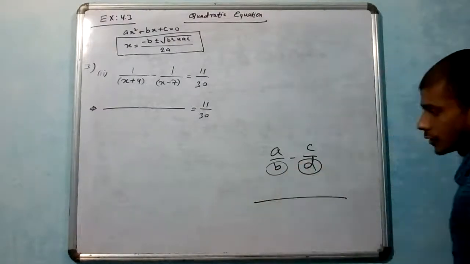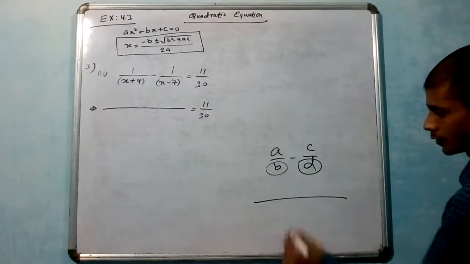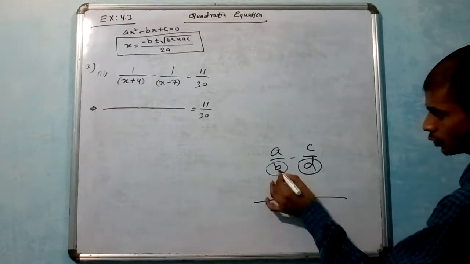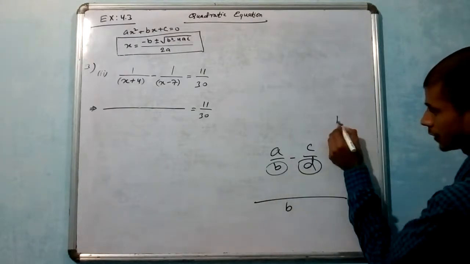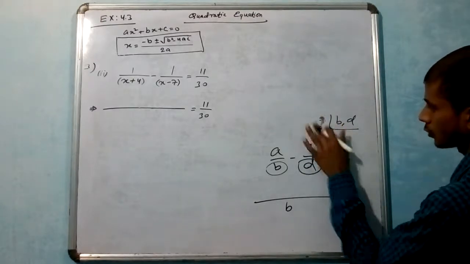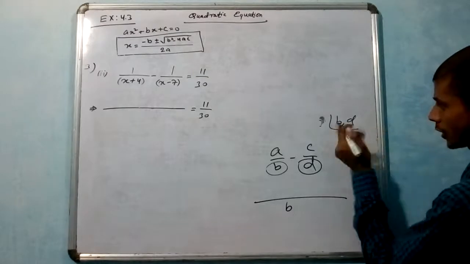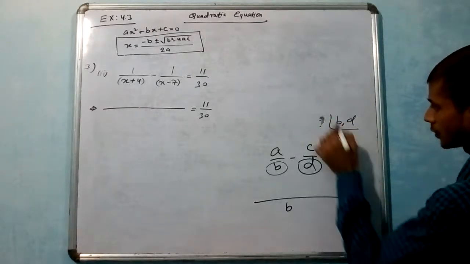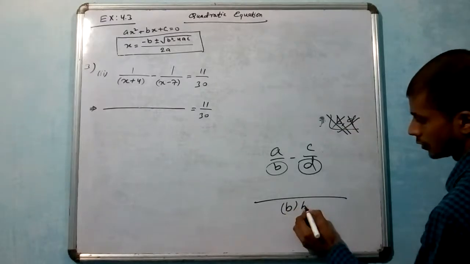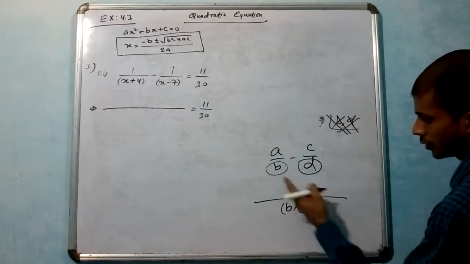Take the LCM of the denominators. Yes, Mithun? So what is the LCM? We don't know their values. We can't find it like this. b, d, and whose table? 1 table or 2 table or 3 table? I don't know this value exactly. How can I just get the LCM? So what to do? b into d.